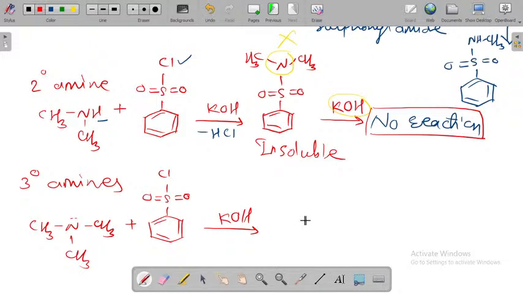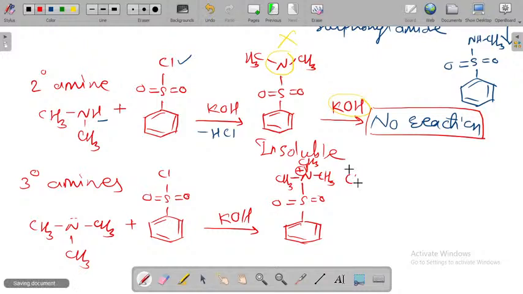So this is the benzene S double bond O double bond O. Now what happened here? This N, all the R groups, CH3 groups. Nitrogen becomes positive and in close vicinity there is chlorine.